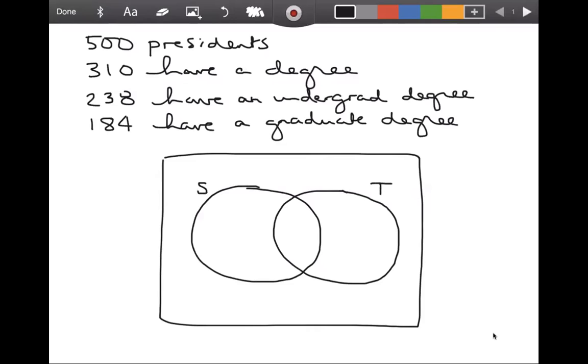All right, so 500 presidents, which is what all 4 regions need to add up to. And then it says 310 have some sort of degree. So let's number these regions. And I guess I'm numbering them the same way that I showed you a moment ago.